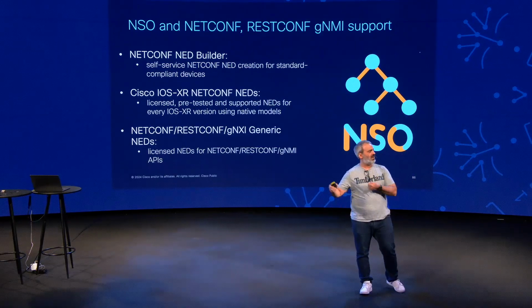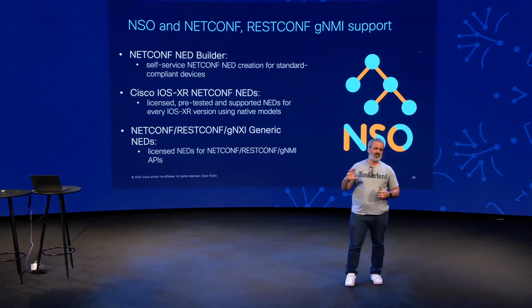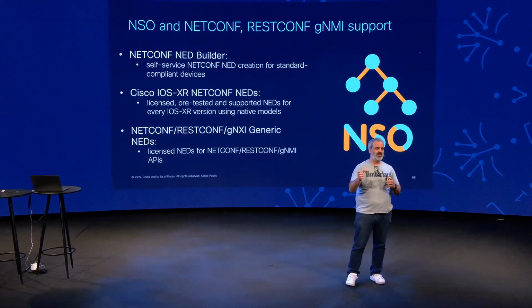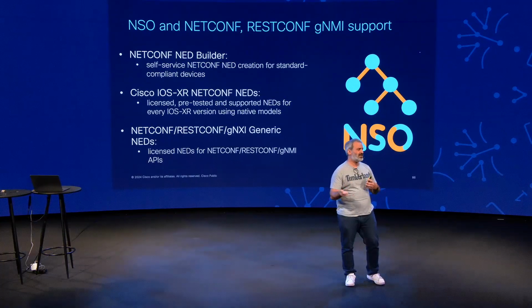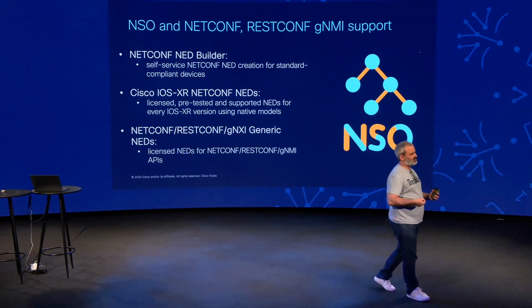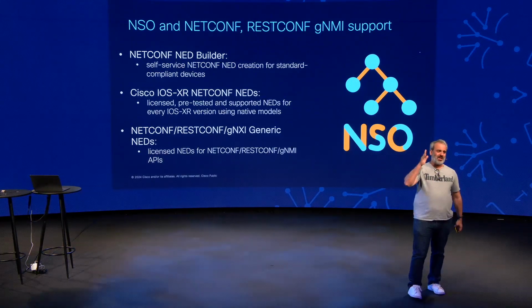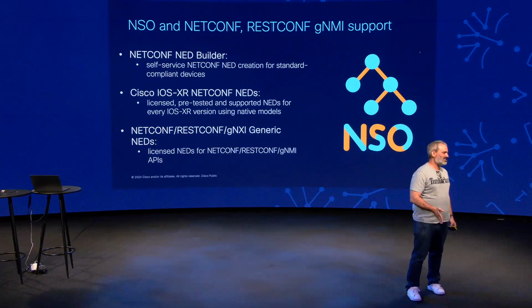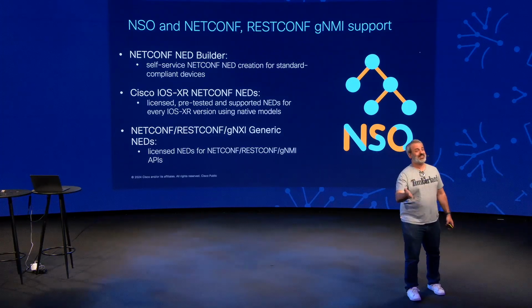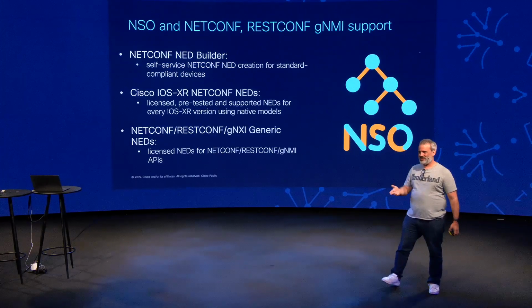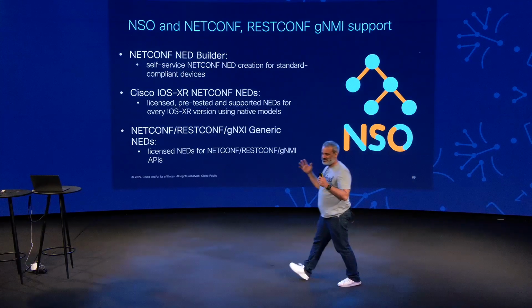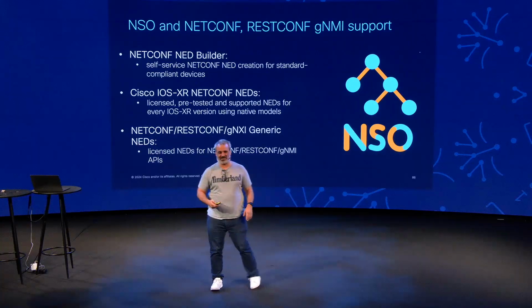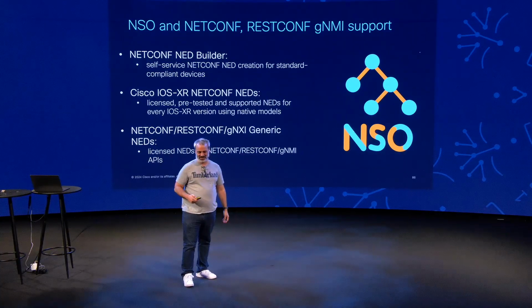We have Arista, we have Juniper, and what we do is we include in the NED code to deal with the deviation, the special thing the vendor does that may not be 100% aligned with the standard, or may not be aligned with our interpretation of the standard. That can happen. There's always a different way that you can read the documents.